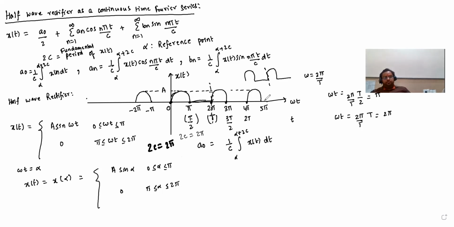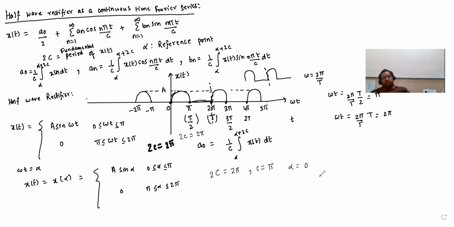Okay, so the first thing that we have here is, since we have 2c is equal to 2 pi, therefore c is equal to pi. That is the first thing with us. The second thing is the reference point alpha.